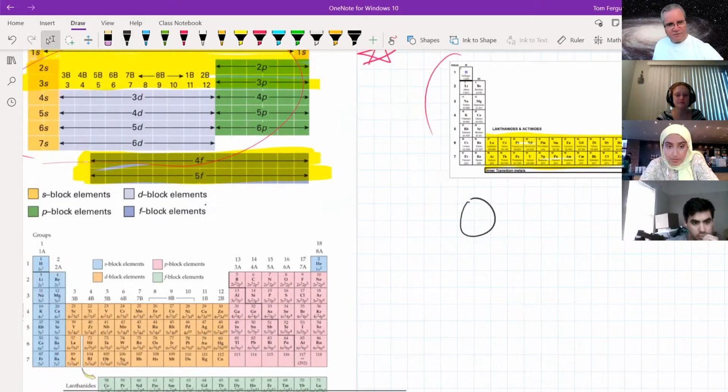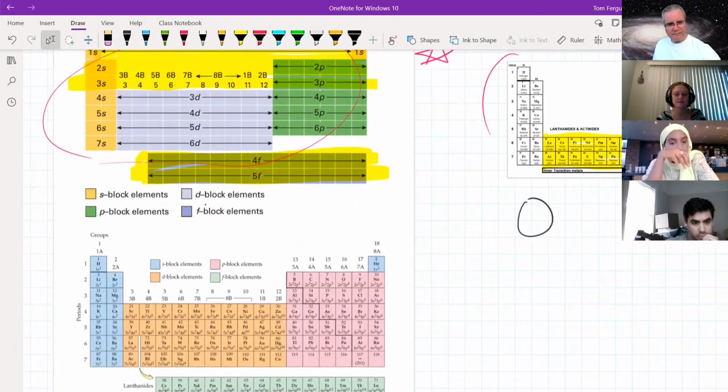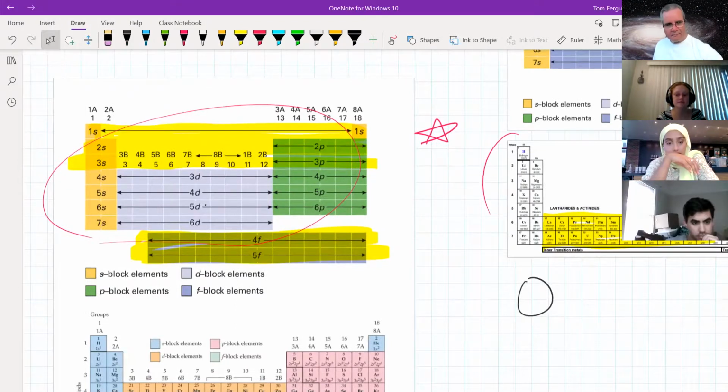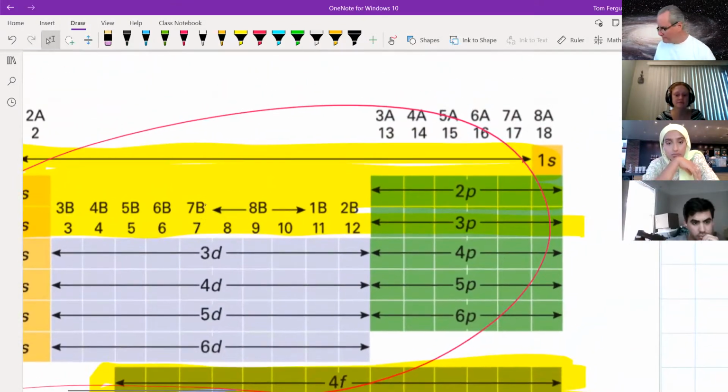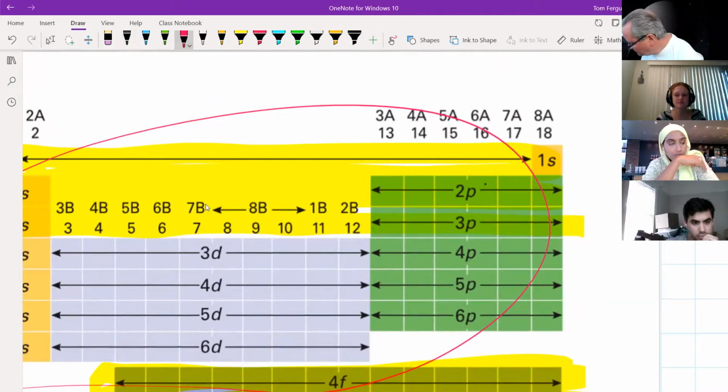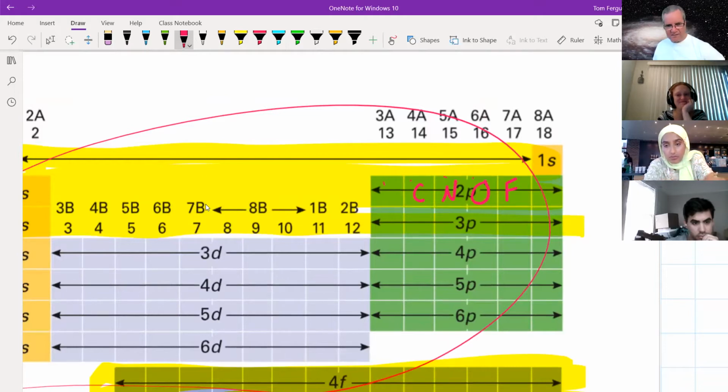Okay, oxygen is going to be located here. This is going to be carbon, nitrogen, oxygen, fluorine. So oxygen is 1, 2, 3, 4 into the P's.